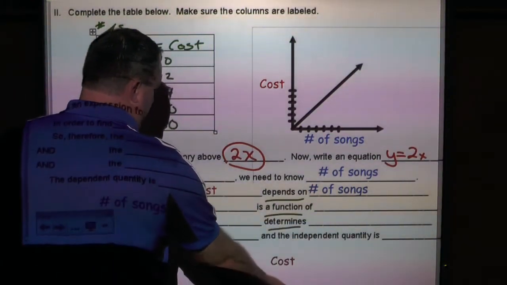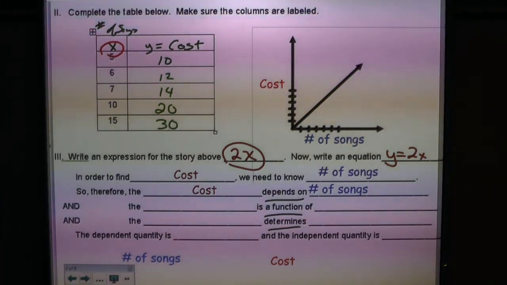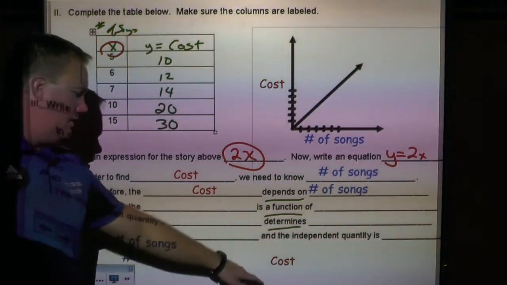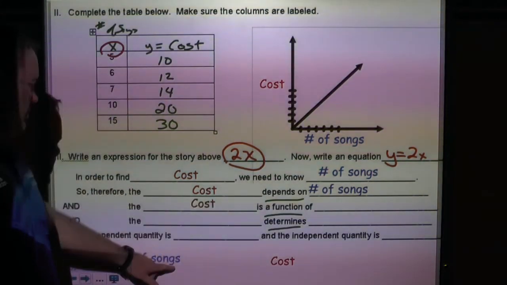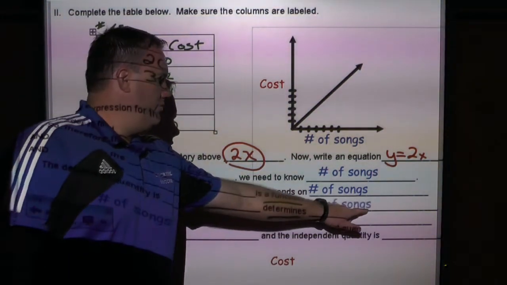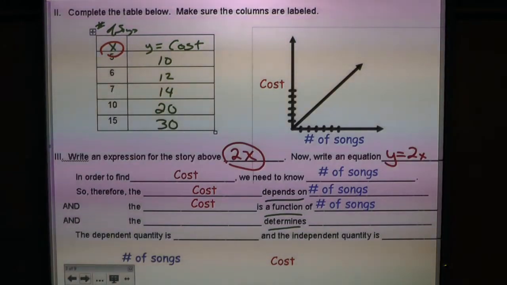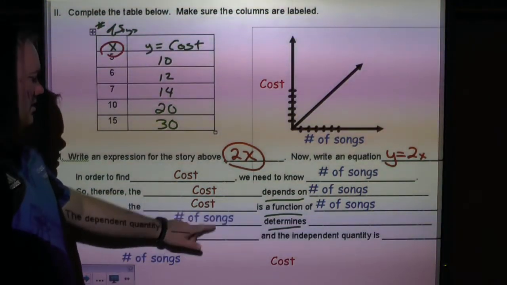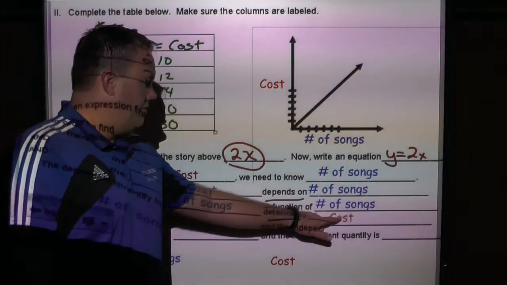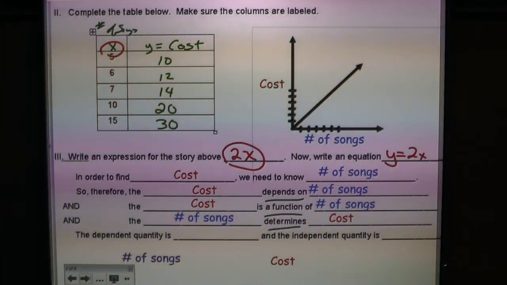These are important. Know those phrases. The cost is a function of the number of songs. And lastly, the number of songs determines the cost. All right?